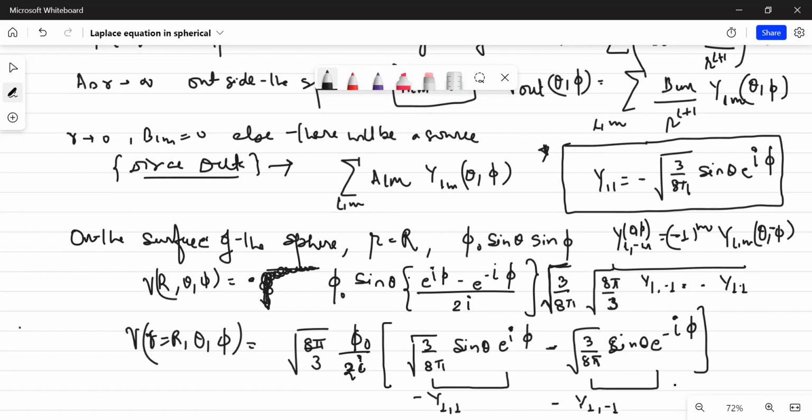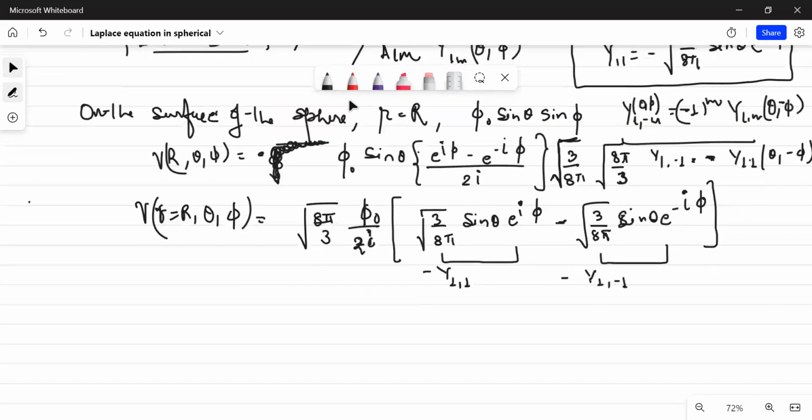So it is y1 minus 1. Why is it so? For example, if y11 had a negative here, now instead of negative it will have positive, and there will be a negative sign here. Like theta comma minus phi. So this will be negative, negative, positive. Overall, there is a negative sign.